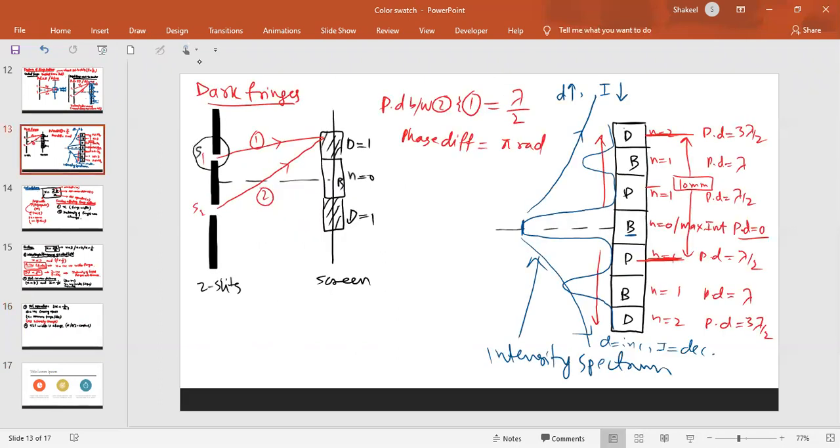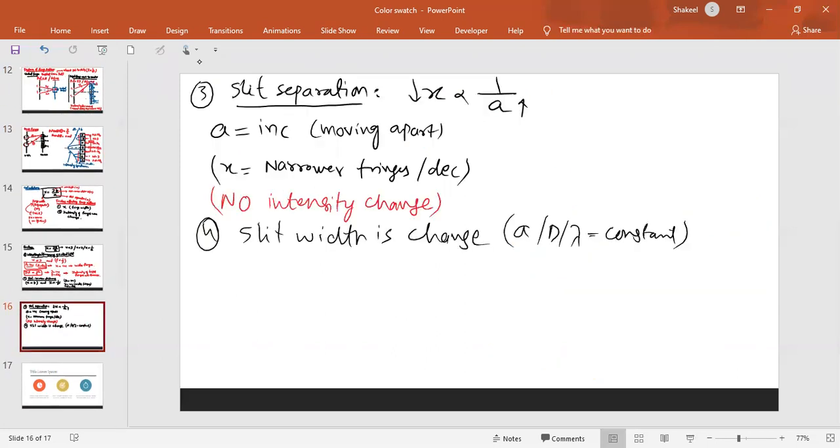This width of S1 and S2, that is being increased. When you increase that, what will happen? X will remain unchanged because x is not affected by that, but intensity will increase, because more light will be passing through the slit.